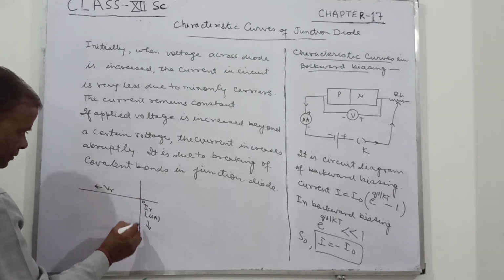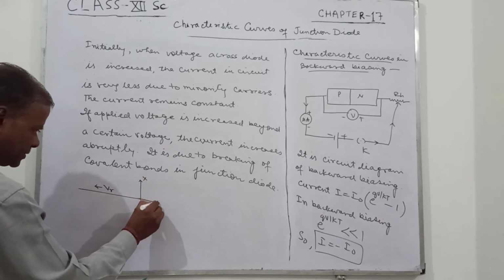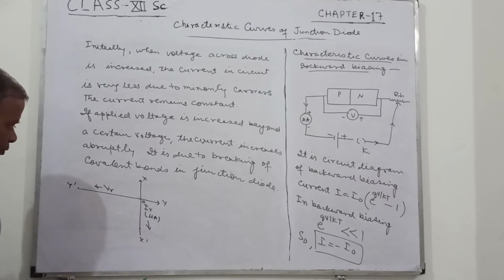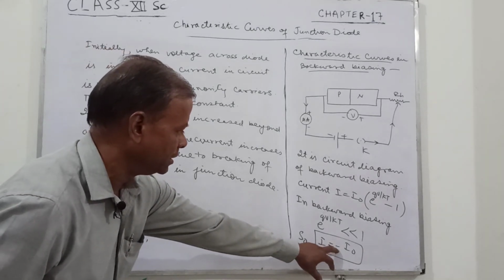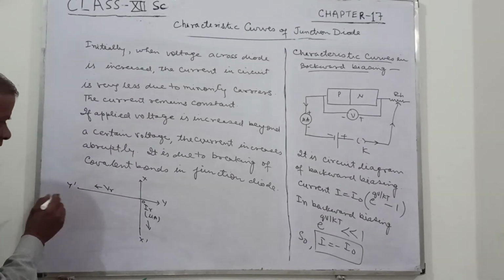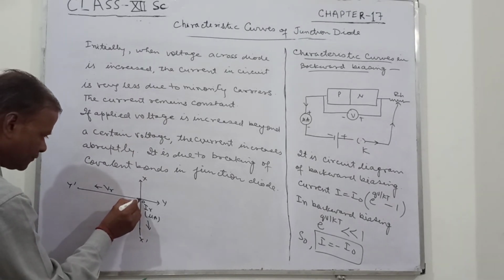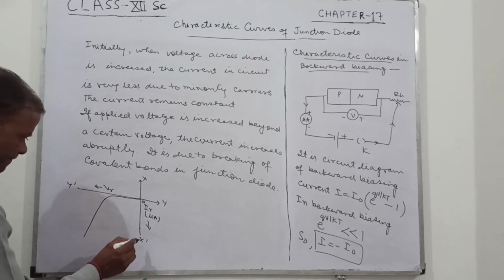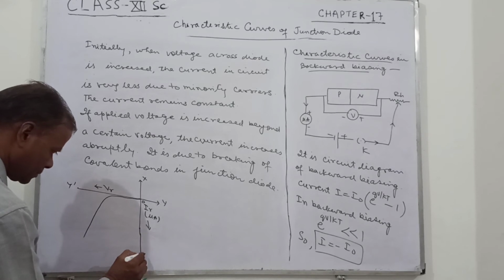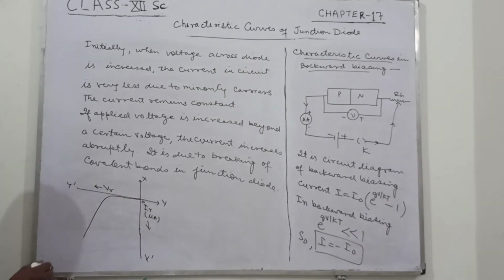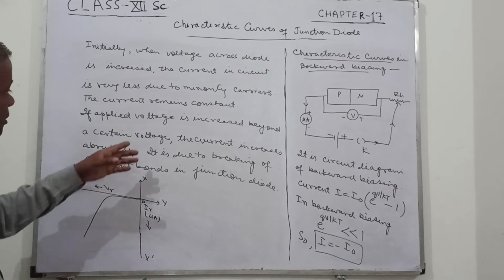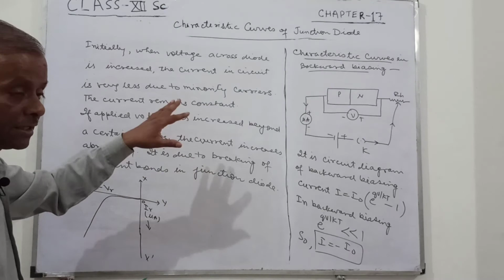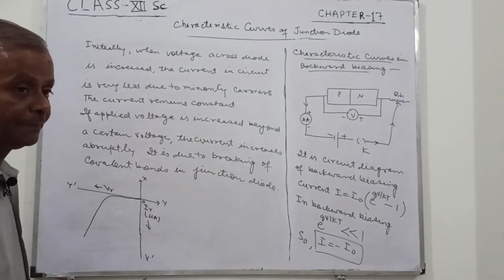This is suppose your X and this is Y. This is your Y dash and this is X dash, because current is negative. Here you see the I equal to minus I naught. So initially the current is very small. And then it increases. So the voltage at which the current increases abruptly or suddenly, that voltage is called the breakdown voltage.